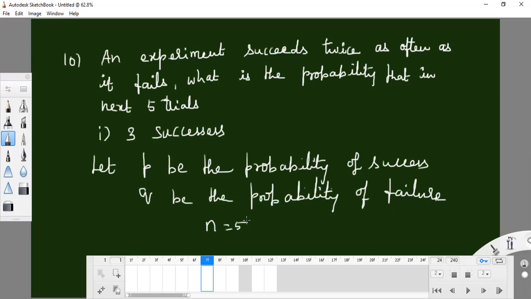See, they have given in the question that it succeeds twice as often as it fails. So P equals 2Q.